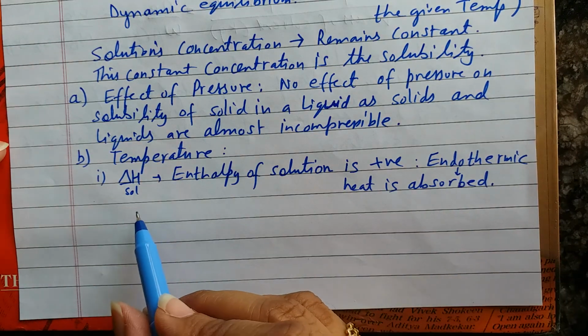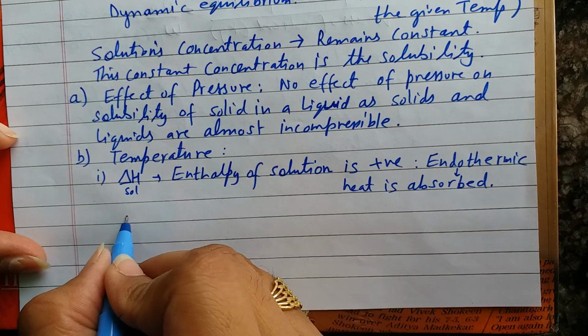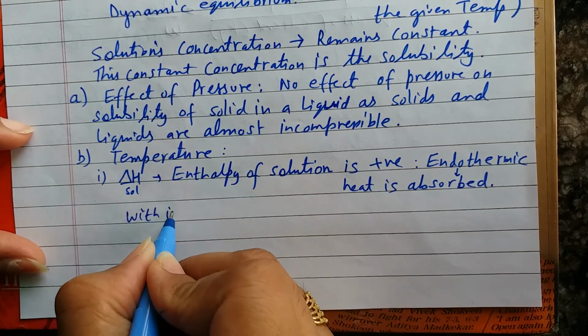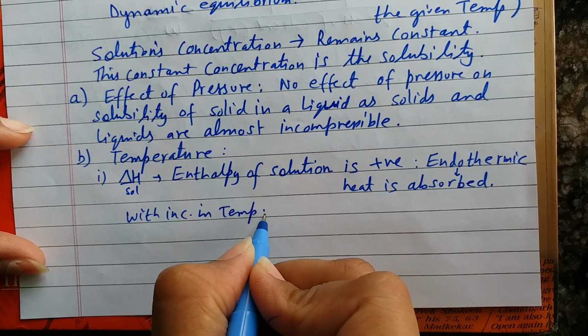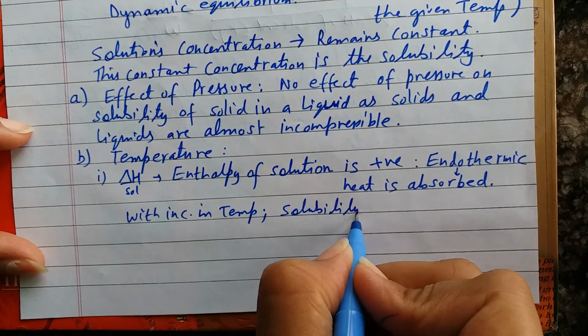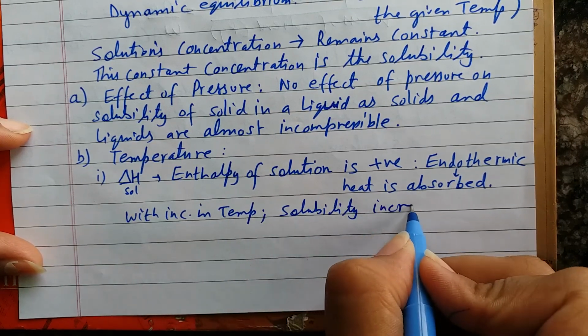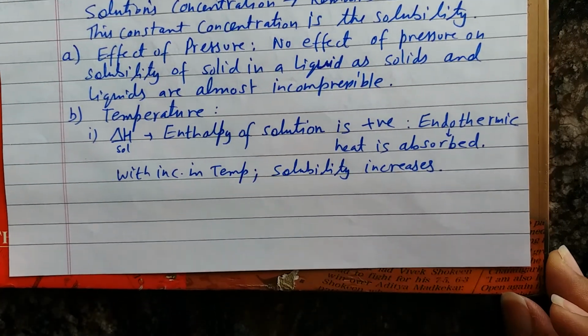So if the delta H solution is positive or the process is endothermic, then with increase in temperature, solubility increases. Only when the process of dissolution is endothermic, in which heat is absorbed.